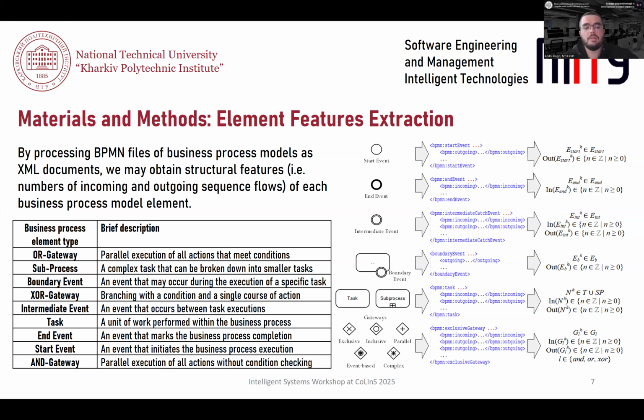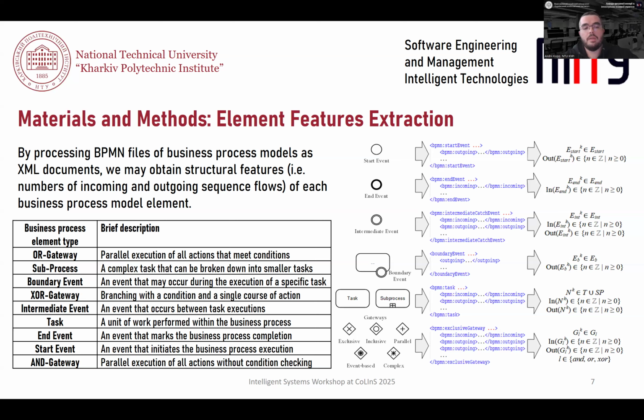Intermediate events, an event that occurs between task executions. Tasks themselves, the units of work that can't be split anymore. End events that mark business process completion. Start events that initiate business process execution, and the AND or parallel gateways introduce parallel executions of all the actions without preliminary conditions check.